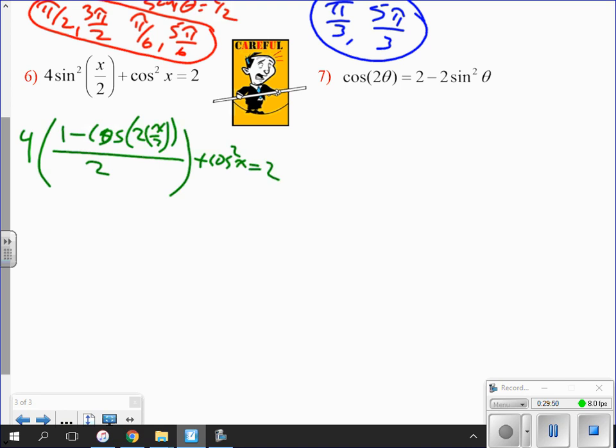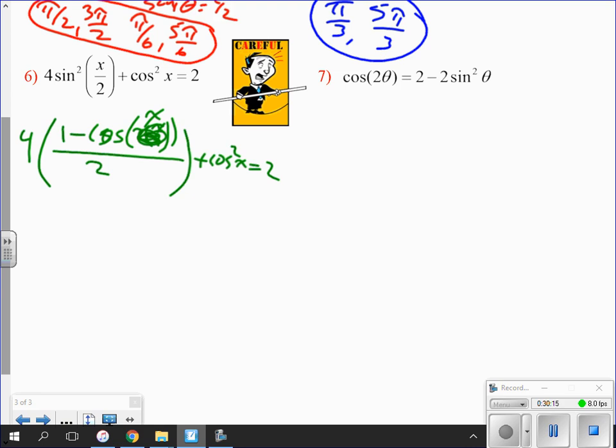What happens here is, because I have x over 2, 2 times x over 2 gives me x. So this whole thing just becomes cosine x. No more goofy angles. Goofy angles suck. So you want to just get rid of the goofy angles.